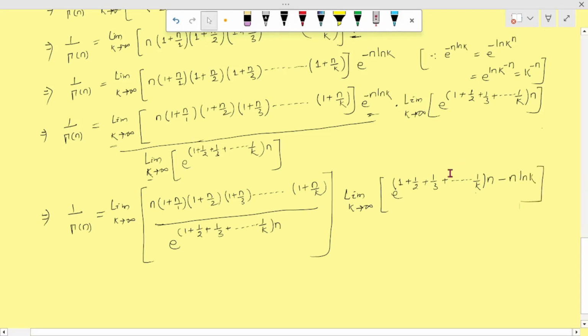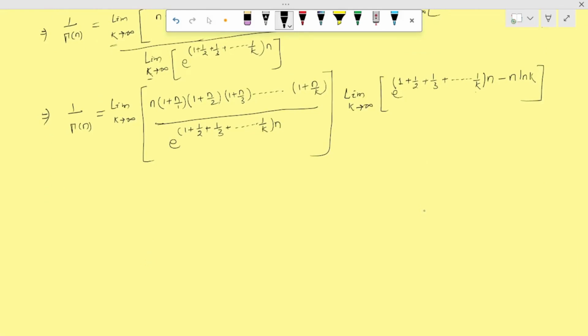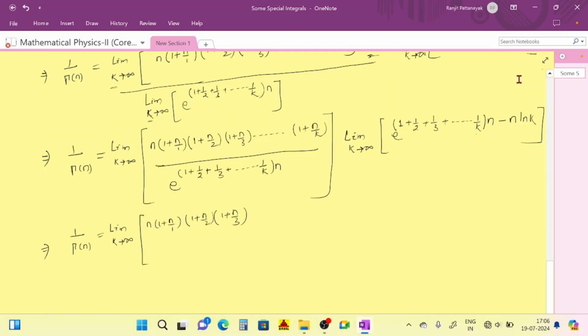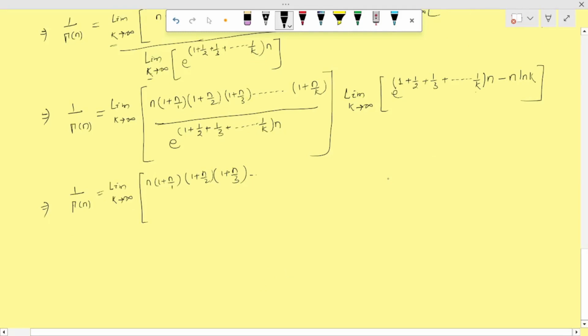So that implies 1 by gamma n is equal to limit k tends to infinity of n into (1 plus n by 1)(1 plus n by 2)(1 plus n by 3) up to (1 plus n by k), whole divided by exponent to the power (1 plus 1 by 2 plus 1 by 3 up to 1 by k) into n. I wrote this step two times; you can omit it in your exam.